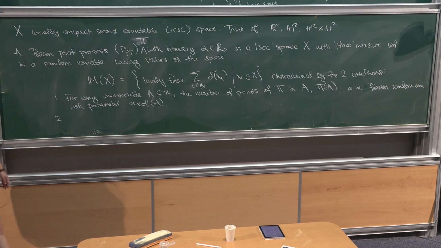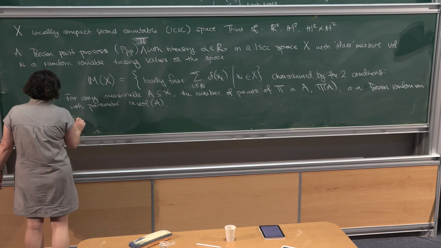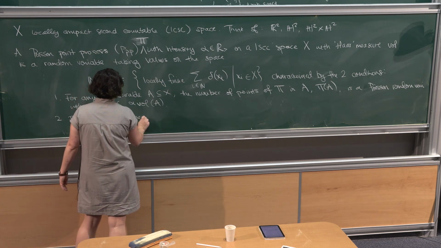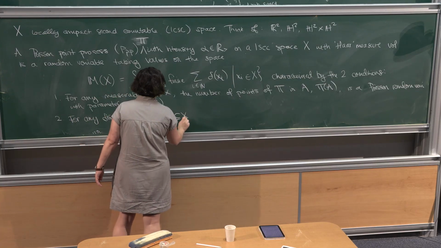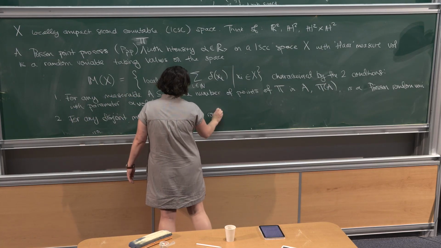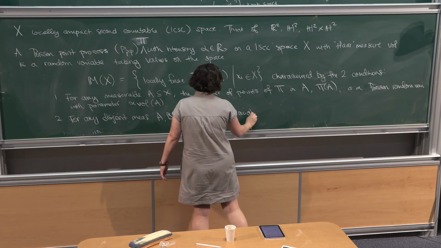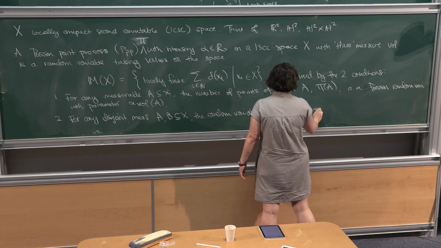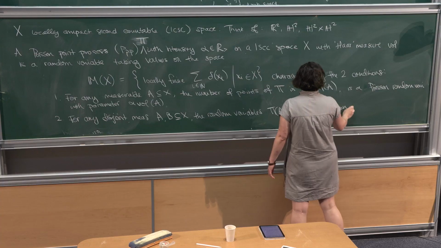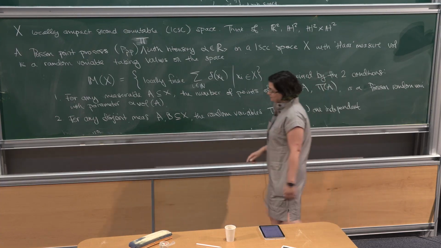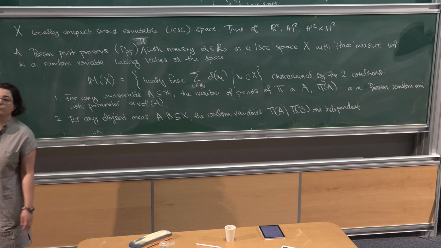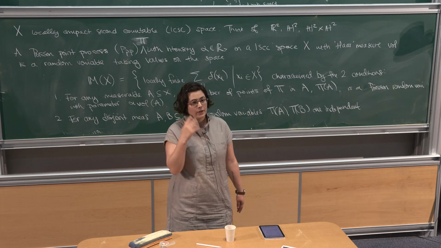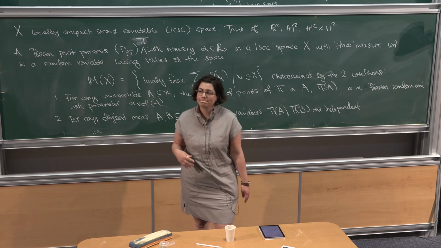Also, if you take two disjoint measurable subsets A and B, the random variables which tell you the number of points, pi of A and pi of B, are independent random variables.